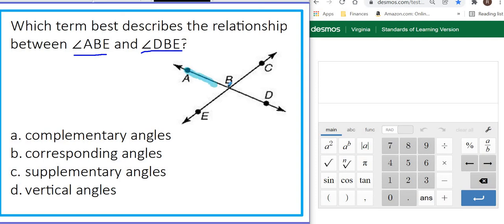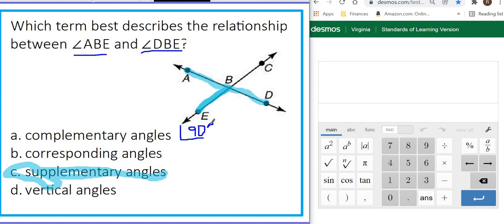So A, B, E, and D to B to E. If you look, they form a straight line, which means they are supplementary angles, okay? So be careful here. Complementary angles form a corner. They are 90 degrees.